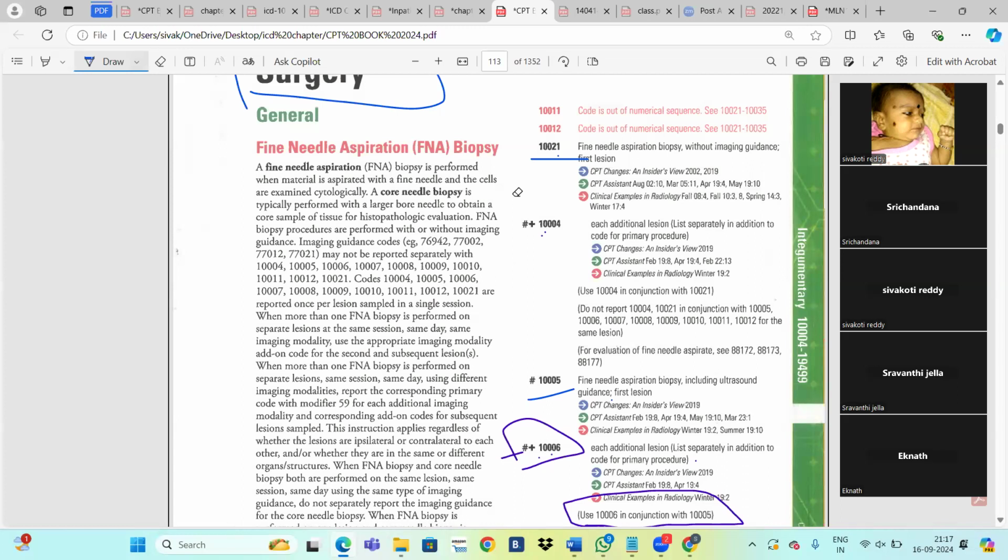Before going to that, you need to remember, guys, how you will get some different codes for same procedure. Okay, you need to check two things at least in the CPT code. First thing, they performed procedure open or scopy.